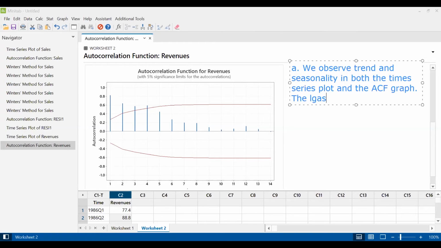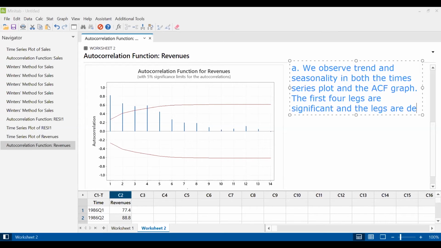The first 4 lags are significant, and the lags are decreasing gradually, meaning there is trend.